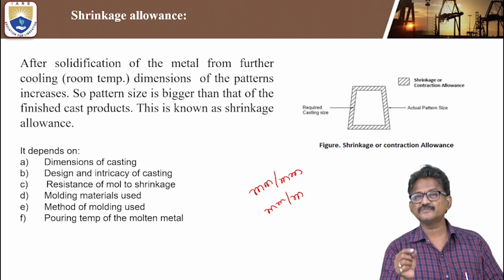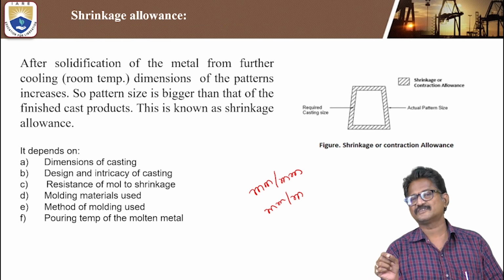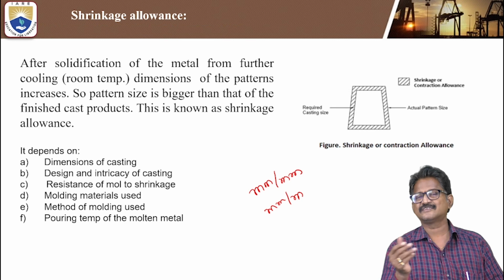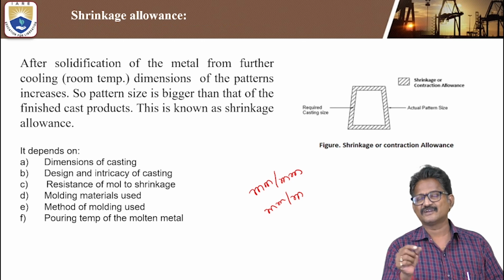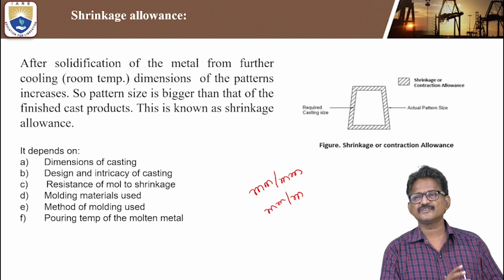Based on that, you can select the material and its shrinkage allowance. For mild steel, cast iron and other types of material, specified shrinkage allowances are given for the design engineer. Based on that, you can provide the shrinkage allowance of the component.